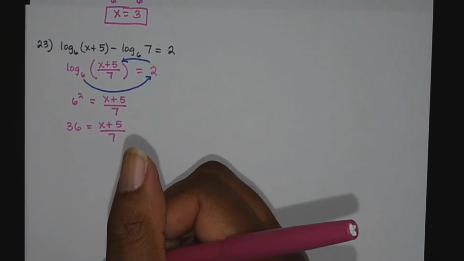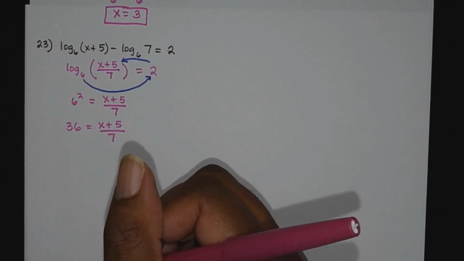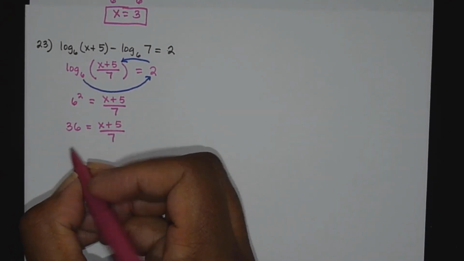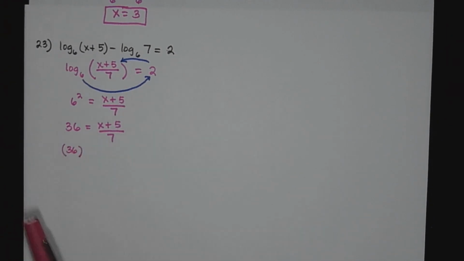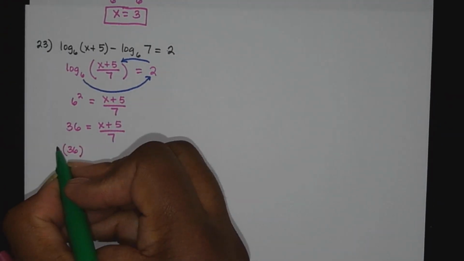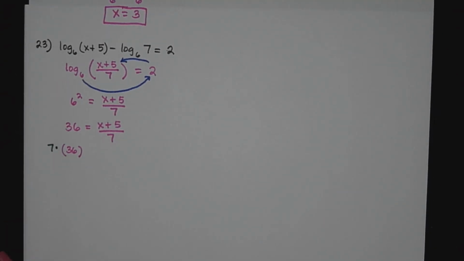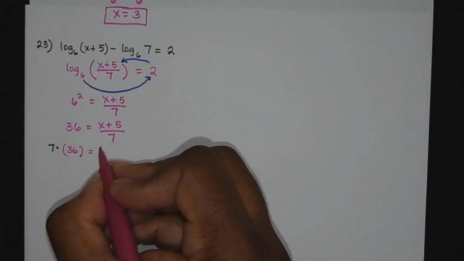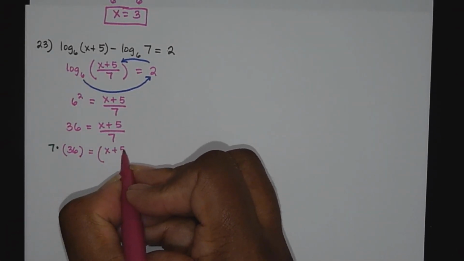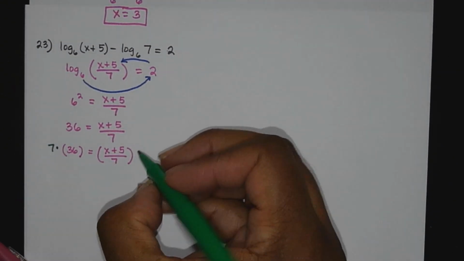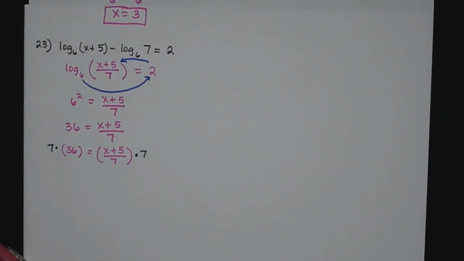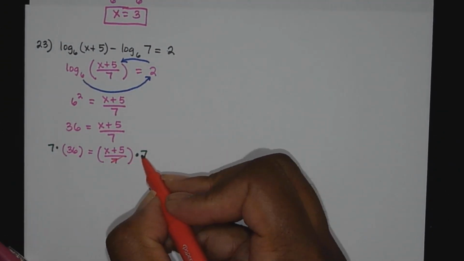And then to get x by itself, well, I got the 7 in the denominator, so I need to multiply both sides of the equation by 7. And that x plus 5 over 7 needs to be multiplied by 7. So on the right side, these 7's divide out.